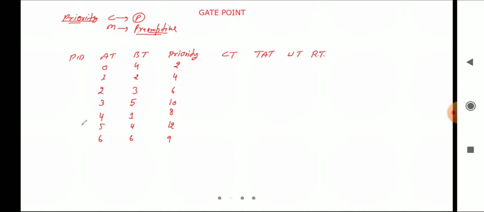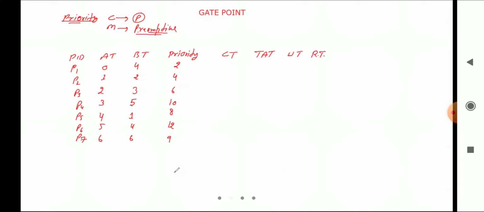And process id is given as P1, P2, P3, P4, P5, P6, and P7. Okay, so here the process ids are given.